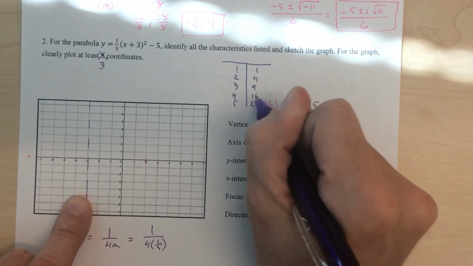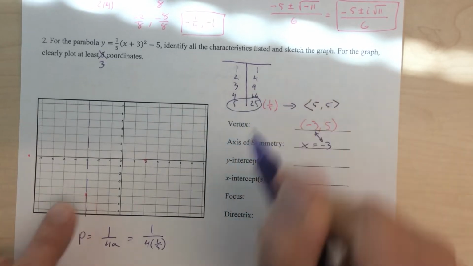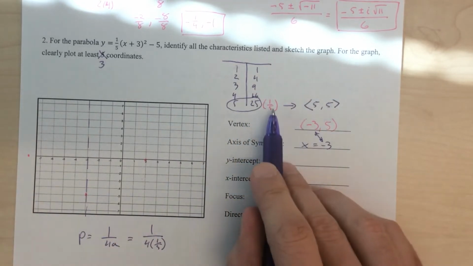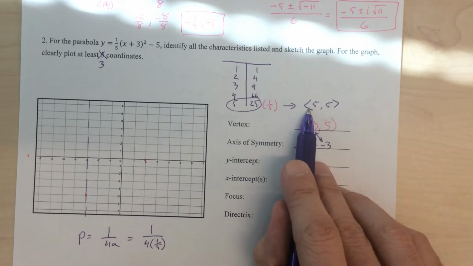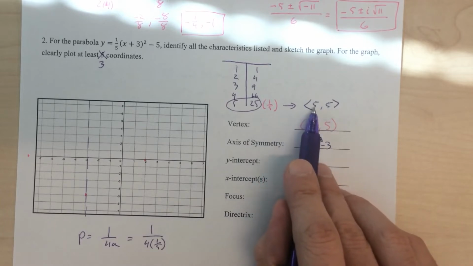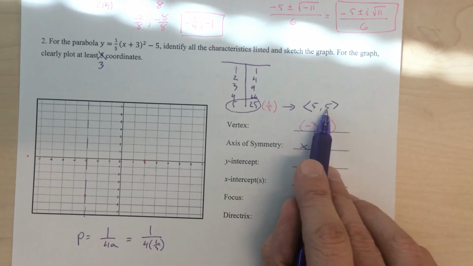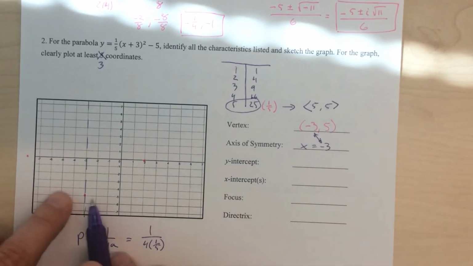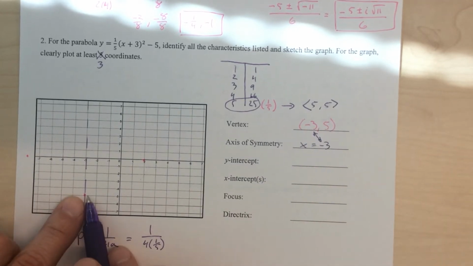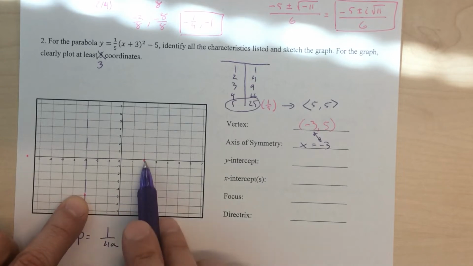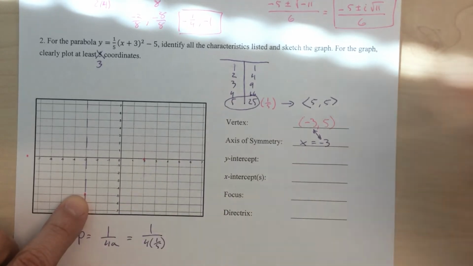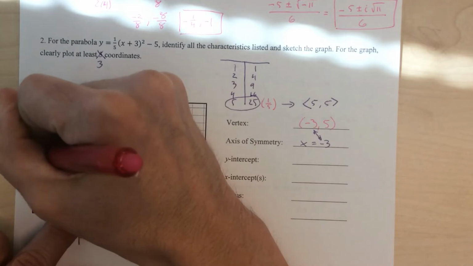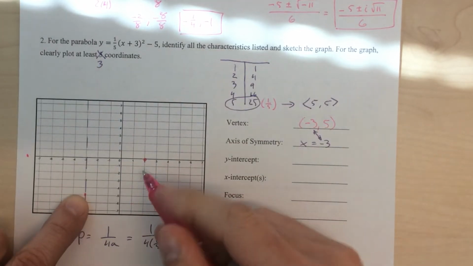So I'm going to take this pattern of how I would normally move, and with the adjustment, it's going to say that I would move to the left or right 5, but I'd also go up 5 units to get to my next point. So from the vertex, I can move over 5, go up 5, and that's going to give you a point right here, which is good for us because it's actually one of your X-intercepts.